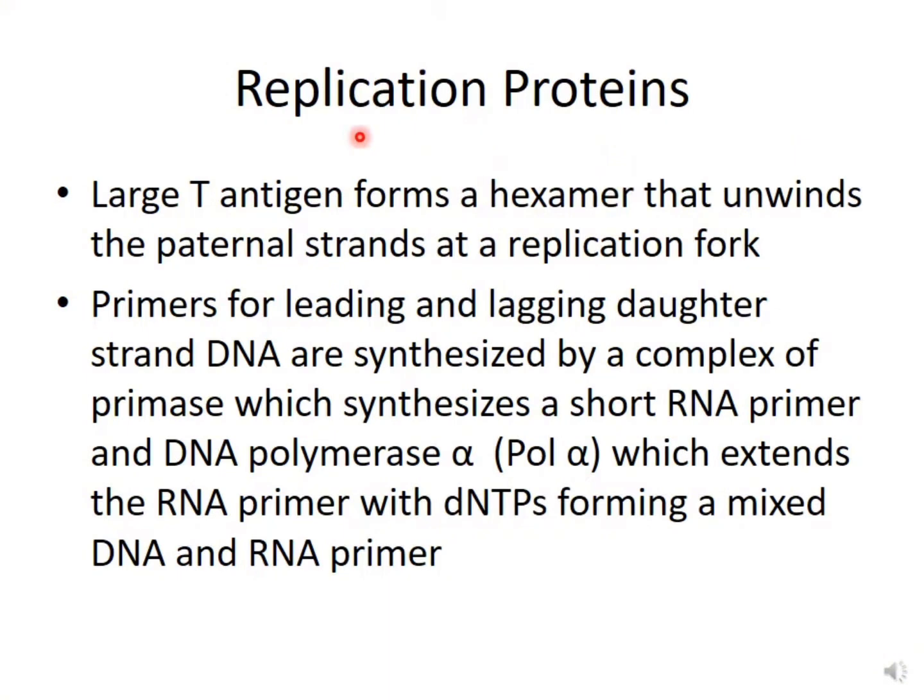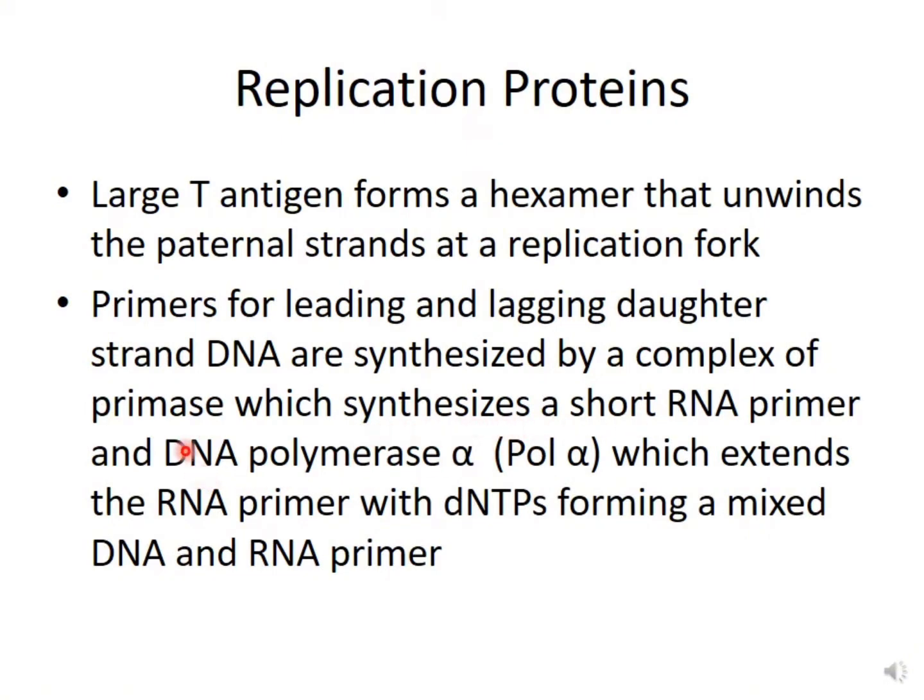This large T antigen unwinds the parental strand at the replication fork, so its function is a helicase that unwinds the double-stranded DNA. The primers for the leading and lagging daughter strands are synthesized by another protein, which is called, as we mentioned earlier, primase. This primase synthesizes short RNA primers.